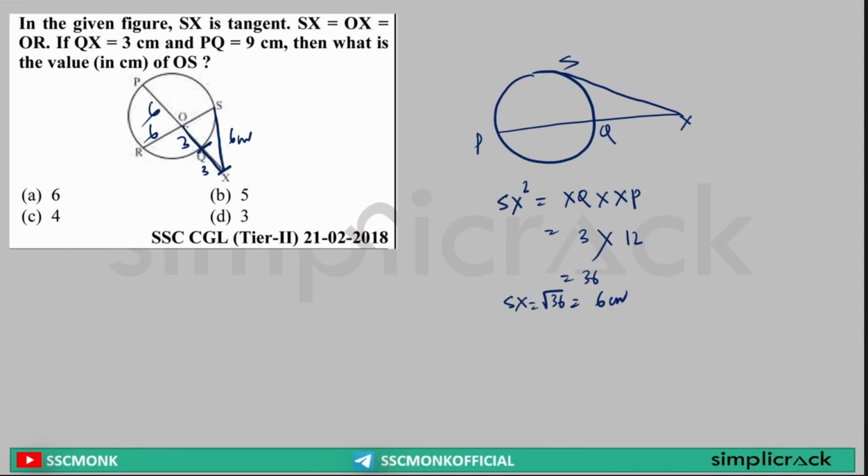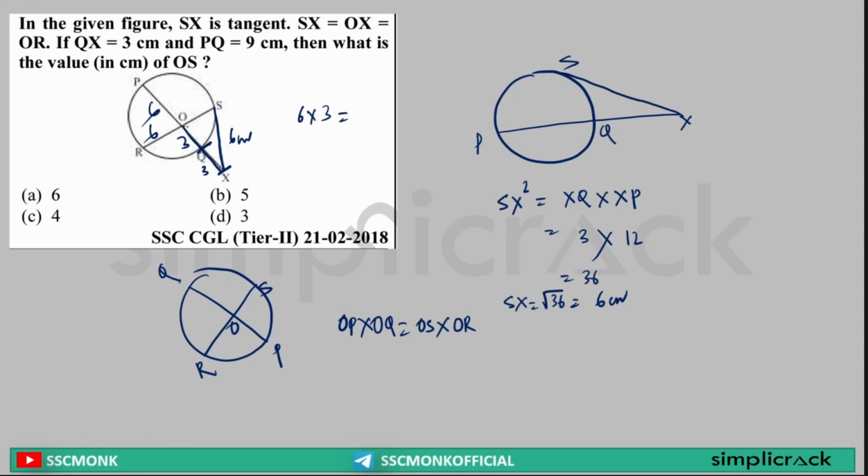That means I can write in this triangle, this is a theory you need to remember: if two chords are intersecting each other, let's say this is P, this is Q, this is R, this is S, and this is O, then OP into OQ is equal to OS into OR. This is a theory formula. Now, here OQ into OP, 6 into 3, is equal to OR, 6, into X. 6 gone, X is equal to 3.